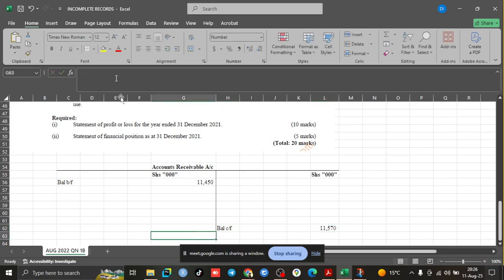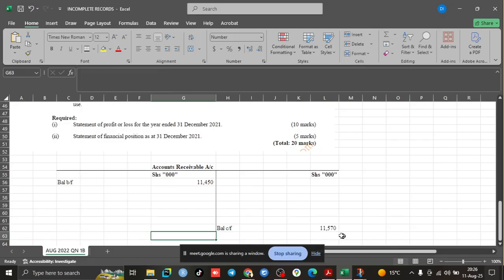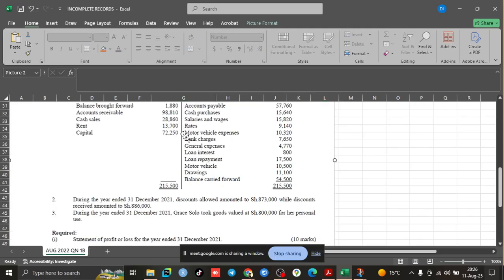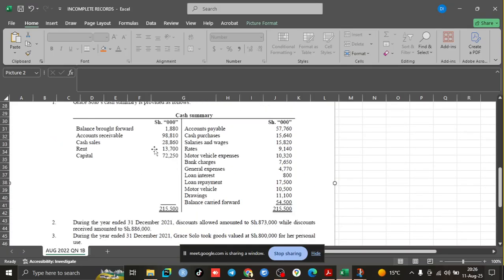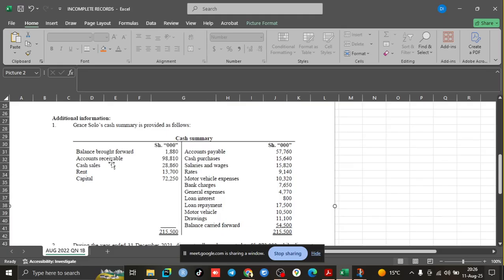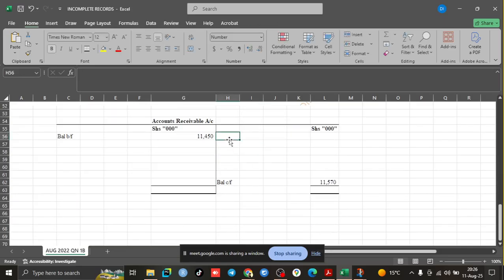Then tuko na these cash purchases zile zilikuwa accounted for. Cash purchases, no, this is receivables. So kama ni receivables ni cash sales, yeah? Cash sales ya 28,860. So hiyo ndasema imetoka kwa cash book, 28,860.